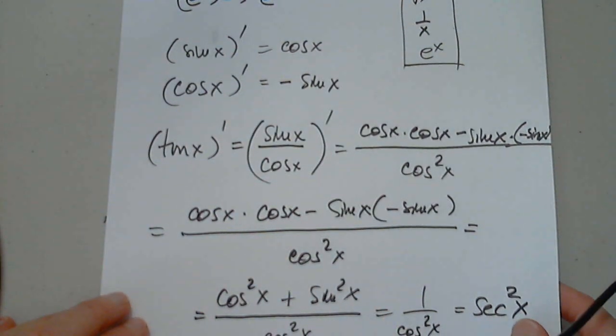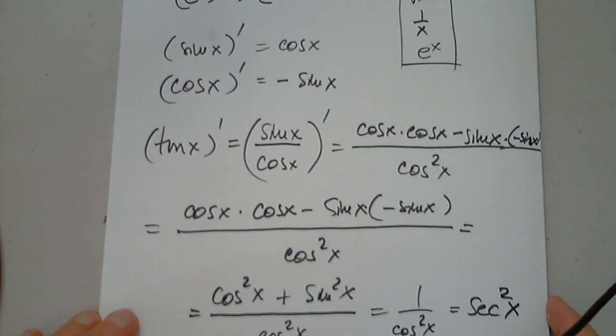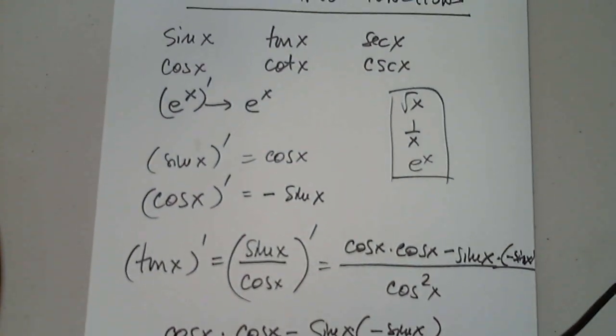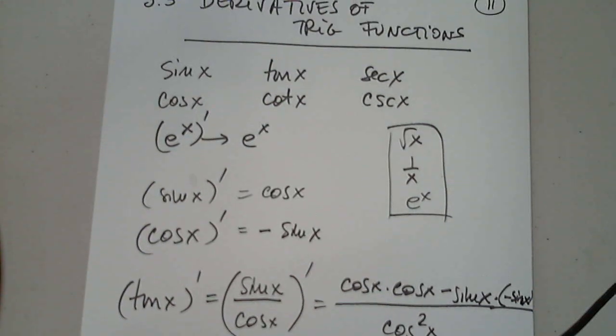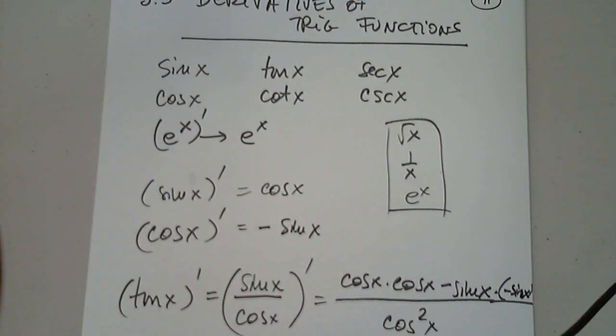Why do we have the cosines times each other? I thought that when we were writing out the quotient rule, it was 1 times 2 minus 2 times 1, so 1 prime times 2 minus 1 times 2 prime.